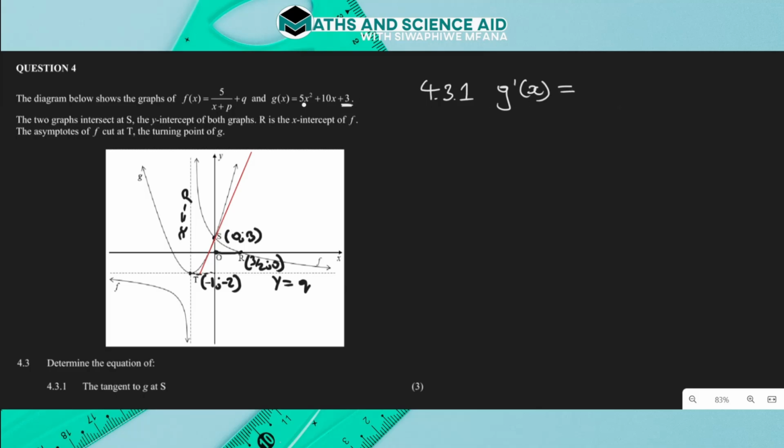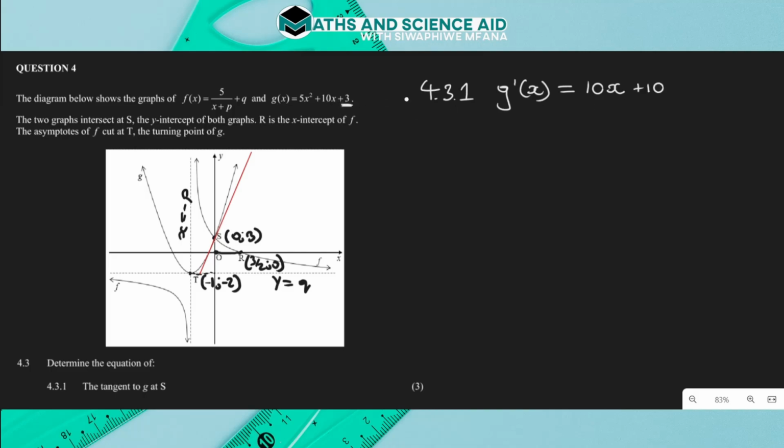And so this is going to be given by 2 multiplied by 5, which is 10, multiplied by x to the power of 2 minus 1. So it will just be 10x. And then for the second term, the exponent there is 1. So we have 1 multiplied by 10, which is 10.